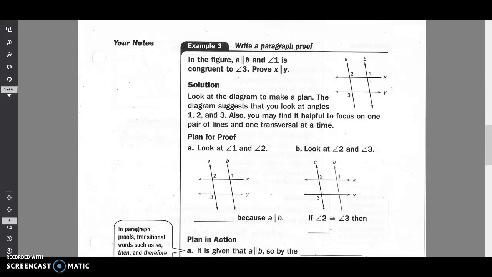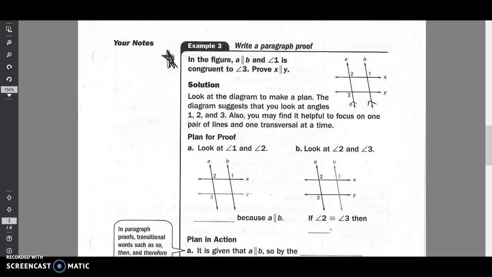All right, and the last thing we're going to do today, just going to go through this proof together. So, looking at the figure, we are told in these directions here that line A is parallel to line B. So once they tell you that, draw in some arrows to signify that they're parallel.